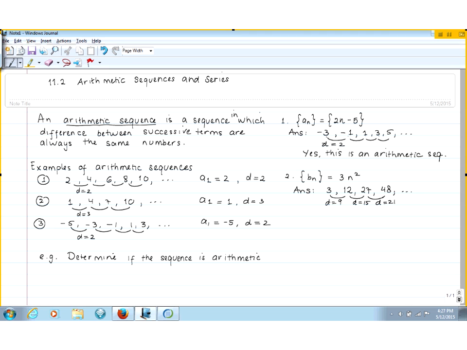Here the difference is 48 minus 27, which is 21, etc. So it doesn't have a common difference, so no, this is not an arithmetic sequence, because there is no common difference.